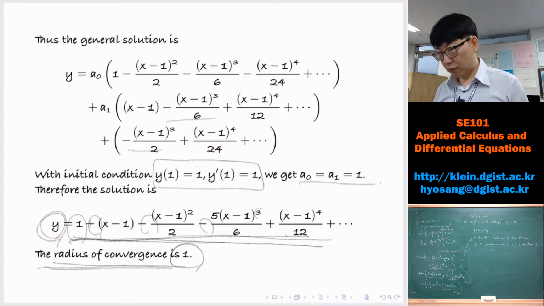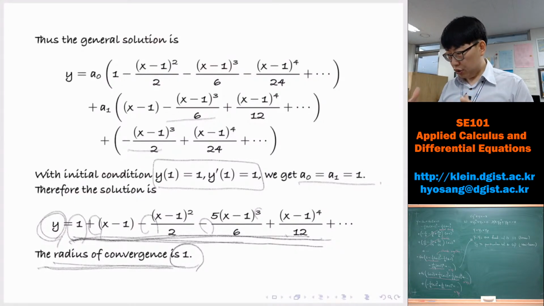So you might expect that this also behaves in a weird way, such as diverging behavior when x approaches 0. So it's important to use this series solution only when it's very close to 1. And even if you want to extend your range centered at 1, it's important not to go beyond this radius of convergence.